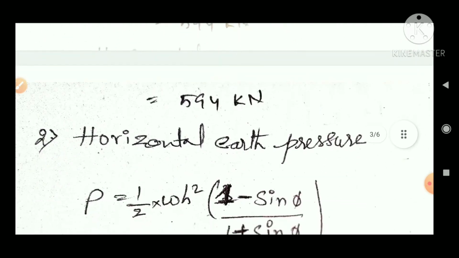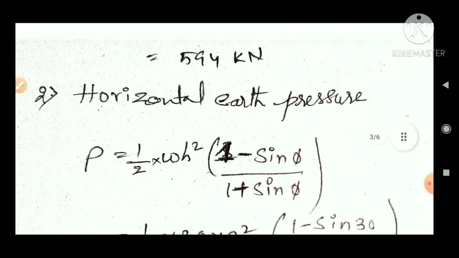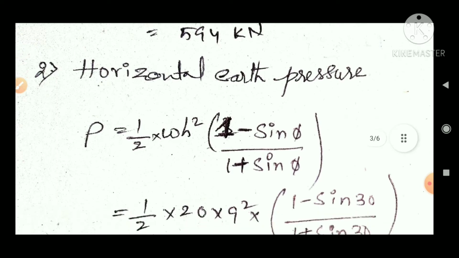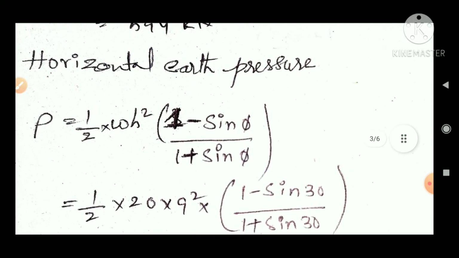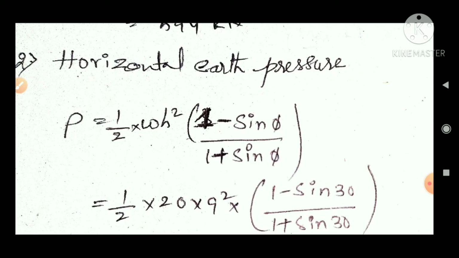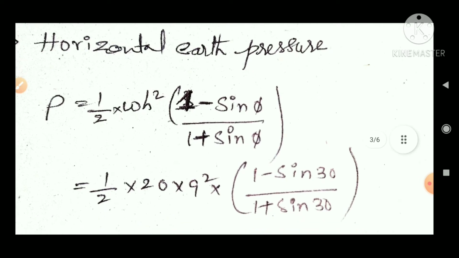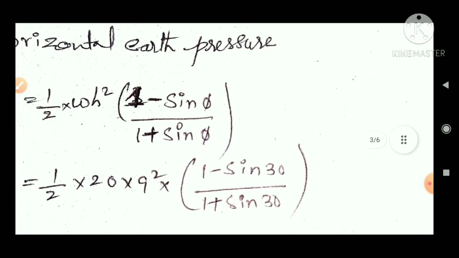Next step is horizontal earth pressure. The horizontal earth pressure formula is half into wh square, or P equals wh square by 2 into (1 minus sin theta) by (1 plus sin theta).